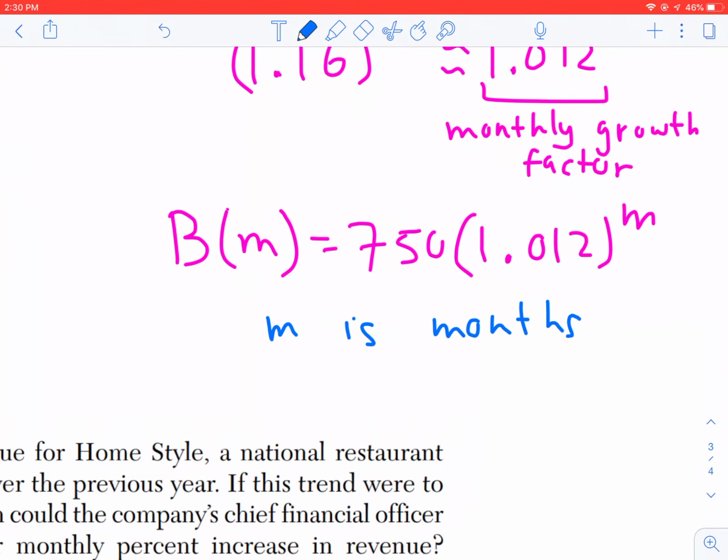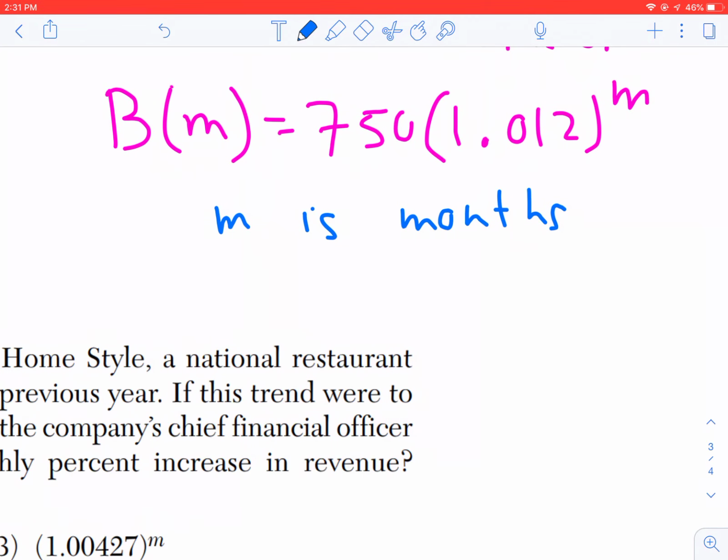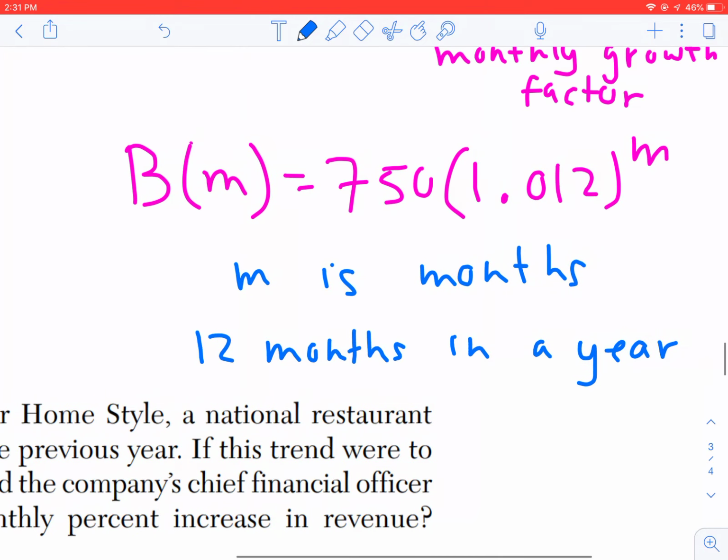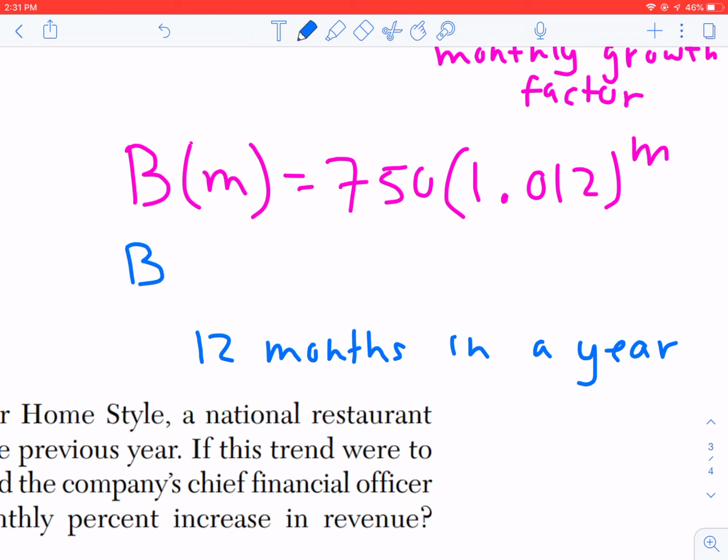So how can I get this as a function of years? Well, how many months are in a year? There are 12 months in a year, right? So if I want to change this in terms of t, I'm still using the monthly growth factor here, right?